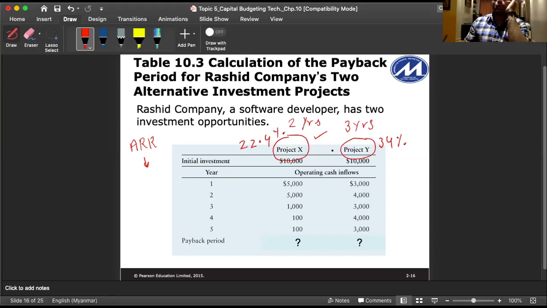Okay. Now, according to ARR, we should select project Y. But according to payback period, we should select project X.